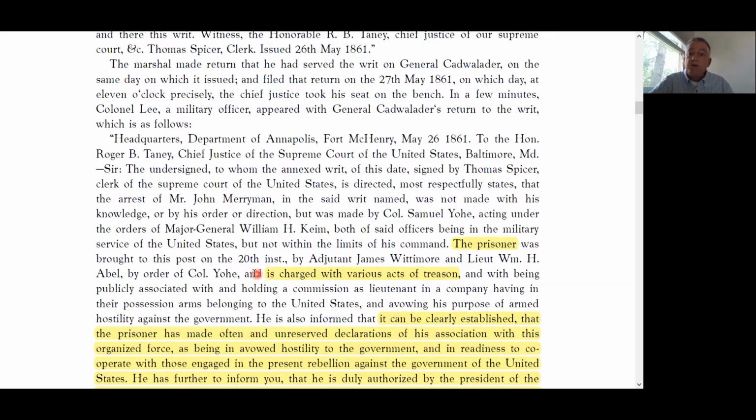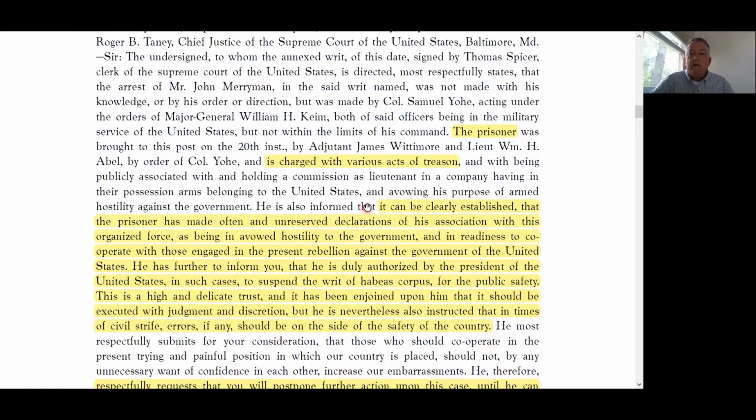He's charged with various acts of treason. It can be clearly established that the prisoner has made often and unreserved declarations of his association with this organized force, the Confederacy, as being in avowed hostility to the government, and in readiness to cooperate with those engaged in the present rebellion.